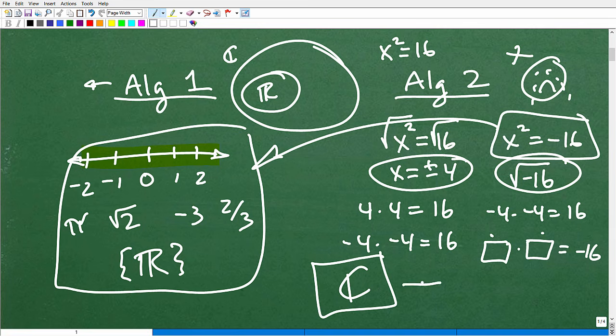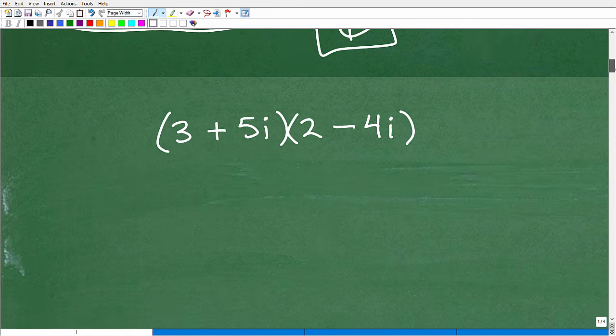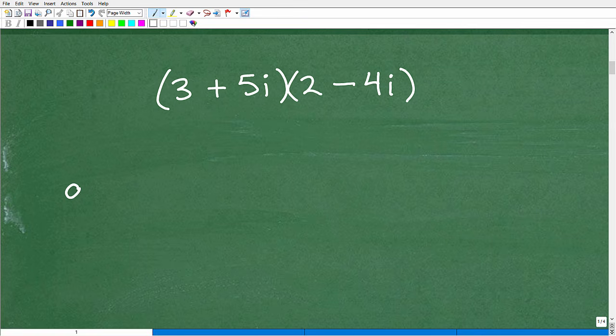Now, complex numbers, it's a big topic. I'm not going to go into all of complex numbers, but they are in the form a plus bi. There's an imaginary component and a real number component. You can do various operations with complex numbers.